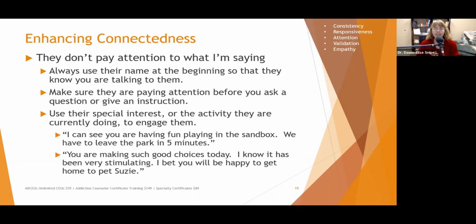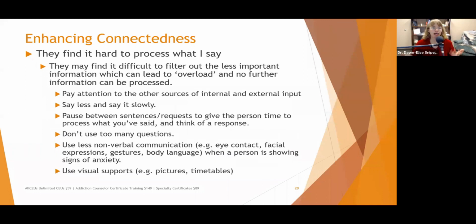Use their special interest or the activity that they're currently doing to engage them. I can see you're having so much fun playing in the sandbox, but we have to leave in 5 minutes. Or you're making so many good choices today. I know it's been very stimulating. I bet you will be happy to get home to pet Susie. My son, when he was little, we used the word stimulating a lot. And there was one day he toddled into my office and just announced to me very matter-of-factly that he was overstimulated.